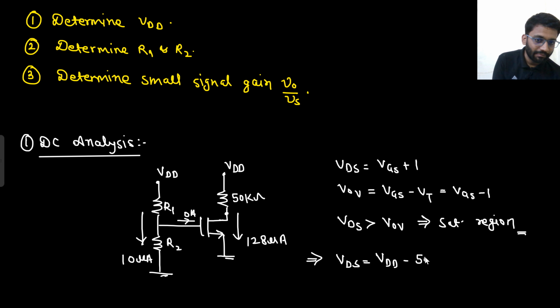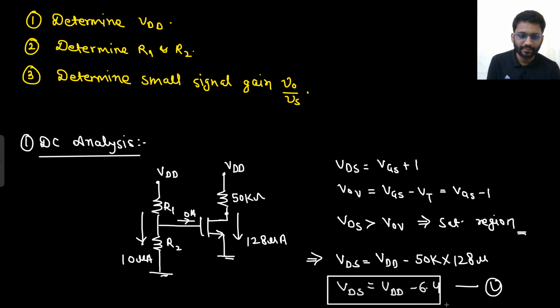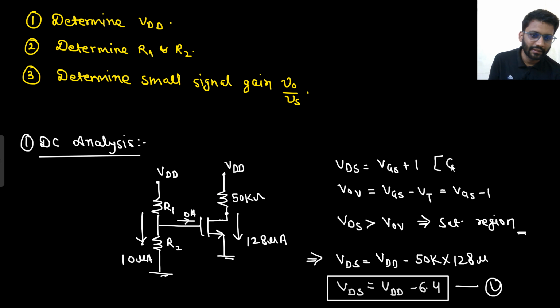So 50 kilo ohm into 128 micro, 6.4 it would be. So VDS would be VDD minus 6.4. This would be your VDS. This is equation 1, I can tell. I am going to use this one.